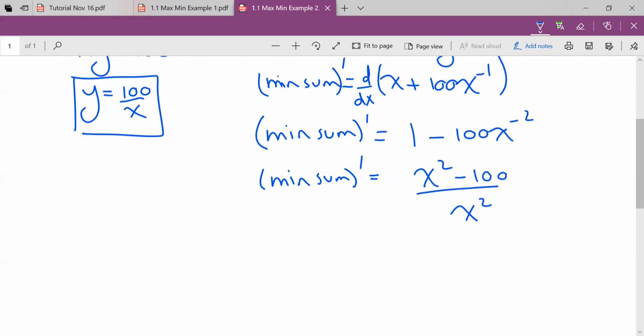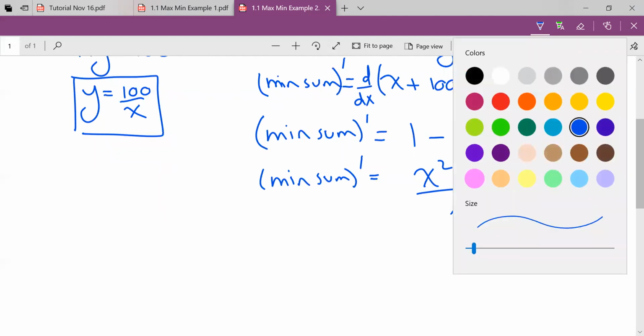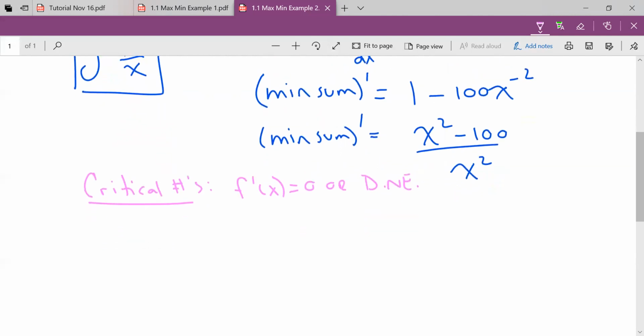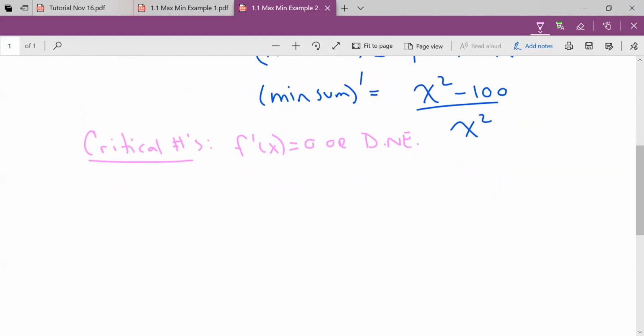Now I'm going to find our critical numbers. So let's switch to pretty pink. What's our critical numbers? Again, our critical numbers are where that derivative is equal to 0 or the derivative does not exist. In this case, the derivative doesn't exist when x is 0 because we'd have division by 0.